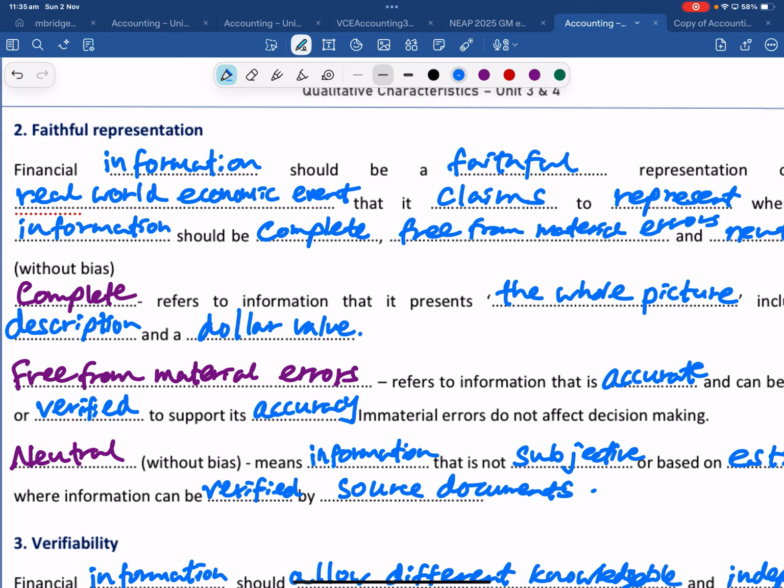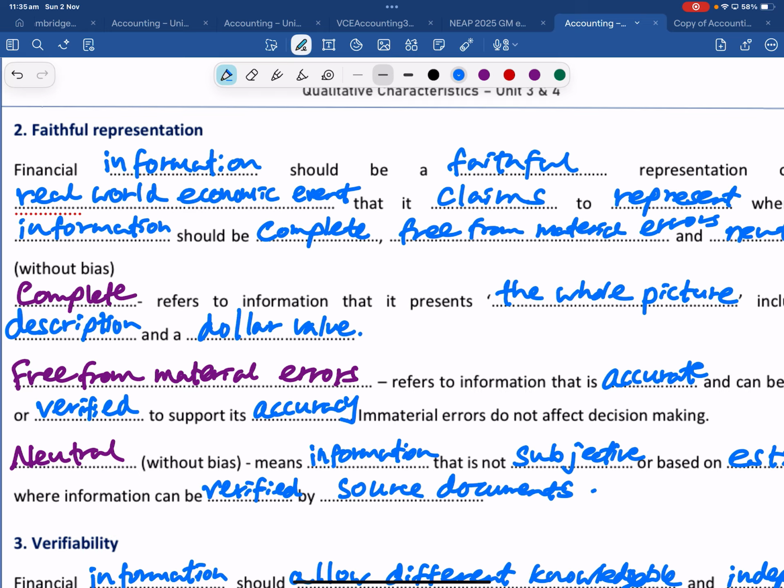Information should not be subjective. What does that mean? We ask the owner how much the printer is, and he says, I think it is 5,000. What he thinks is not important, because another man, the accountant, will come and say, no, I think it is 4,000.